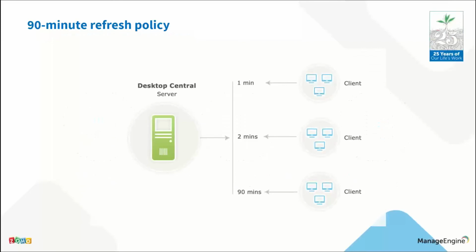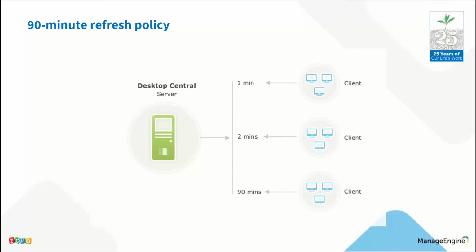Now, there's this important thing here when it comes to a client server model. For us, this 90 minutes refresh policy is really important. Now, Desktop Central can scale small as well as large networks using our 90 minutes refresh policy. Every agent communicates with the Desktop Central server once in 90 minutes, okay?